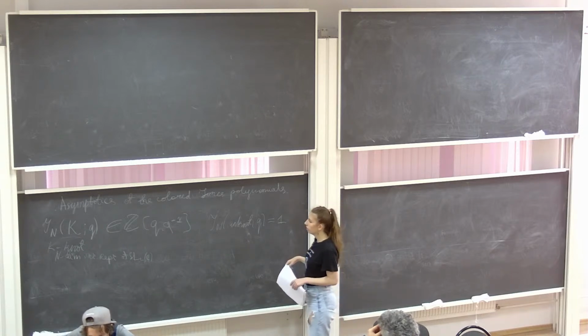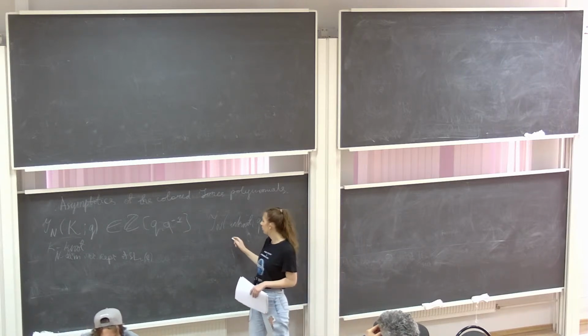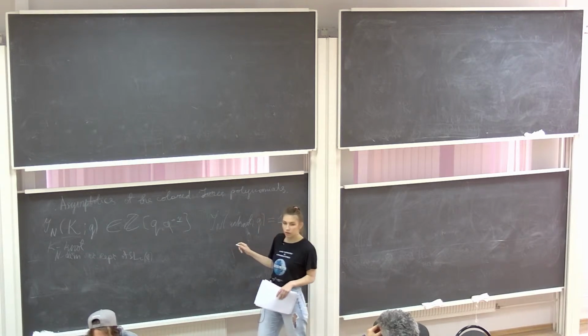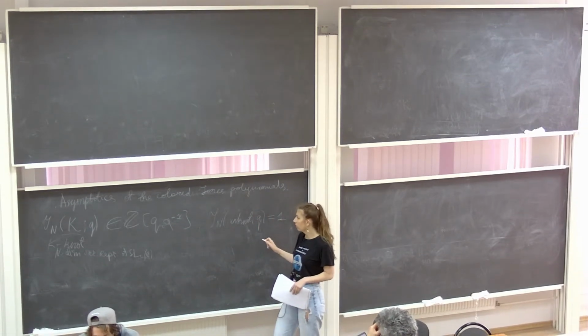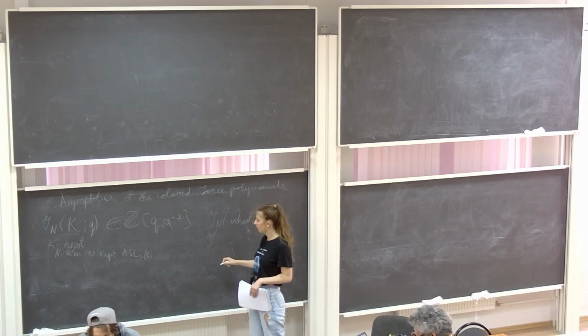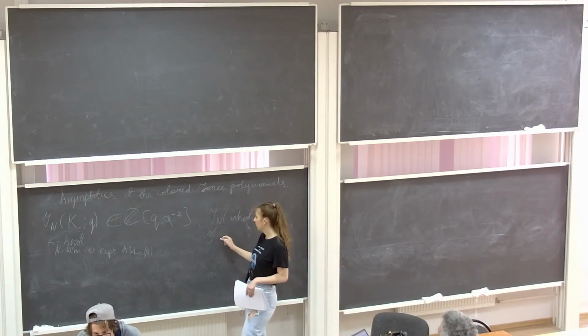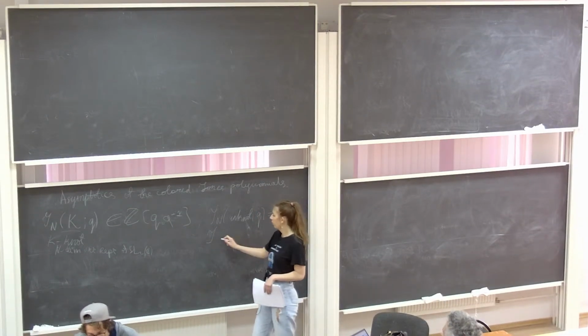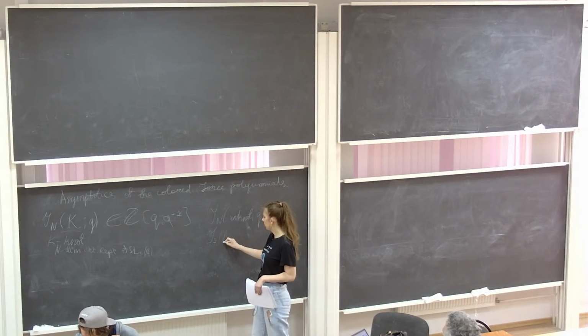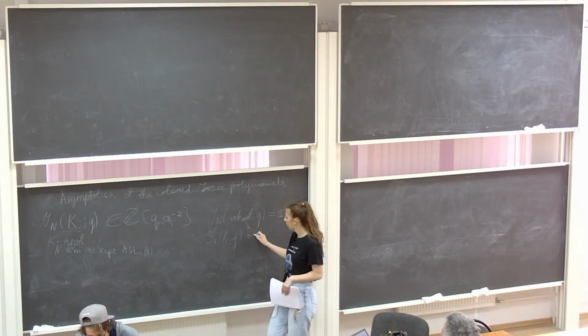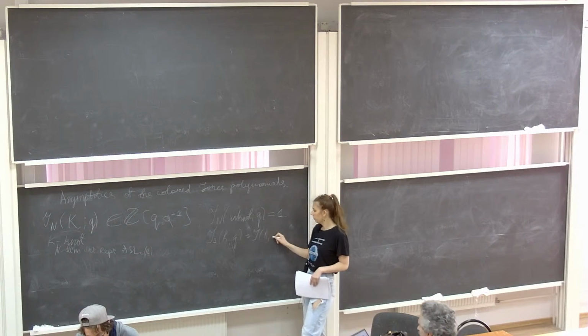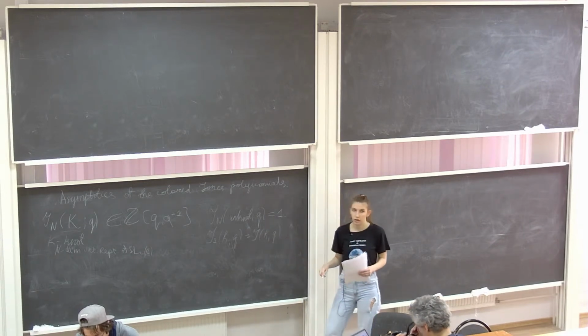And for n equals 2, the colored Jones polynomial is just the ordinary Jones polynomial, which can be defined through the skein relation.